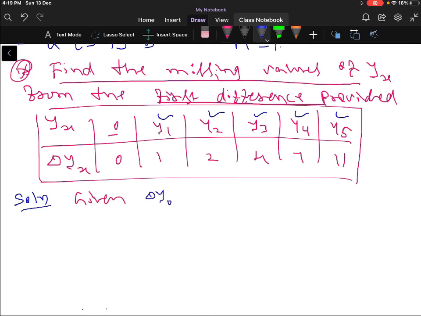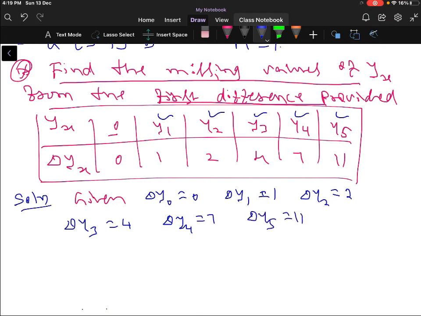Given delta y0 is 0, delta y1 is 1, delta y2 is 2, delta y3 is 4, delta y4 is 7, delta y5 is 11. These are the first forward differences, but you have to find out the missing terms y1, y2, y3, y4 and y5.